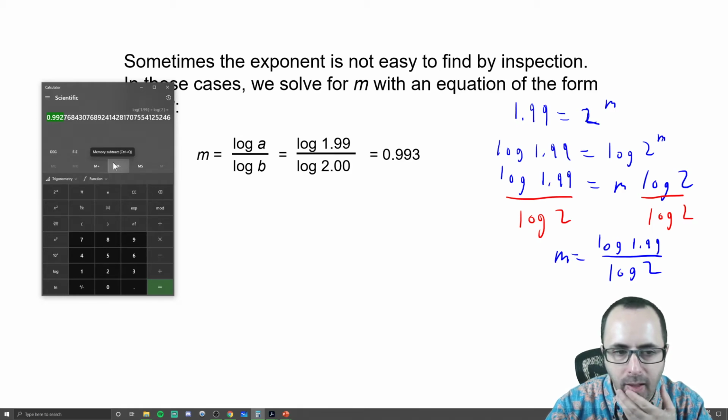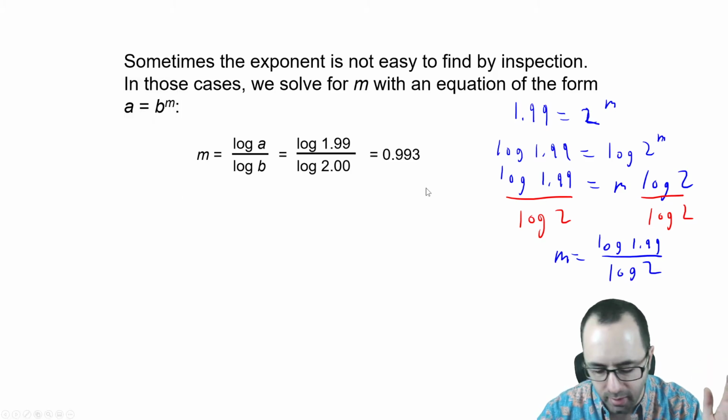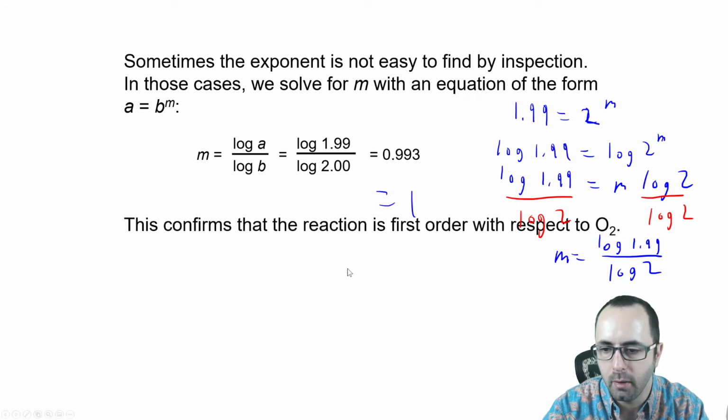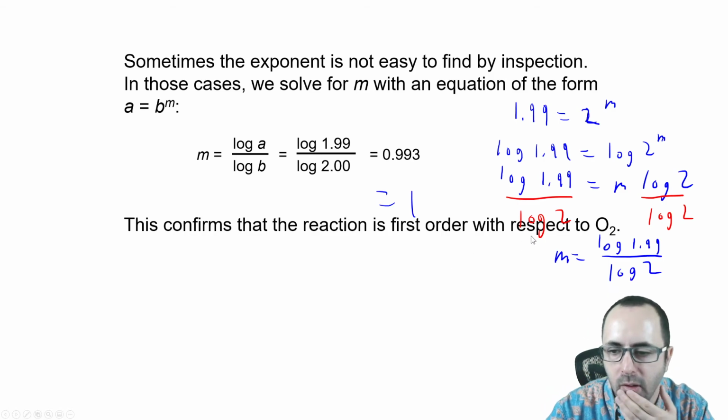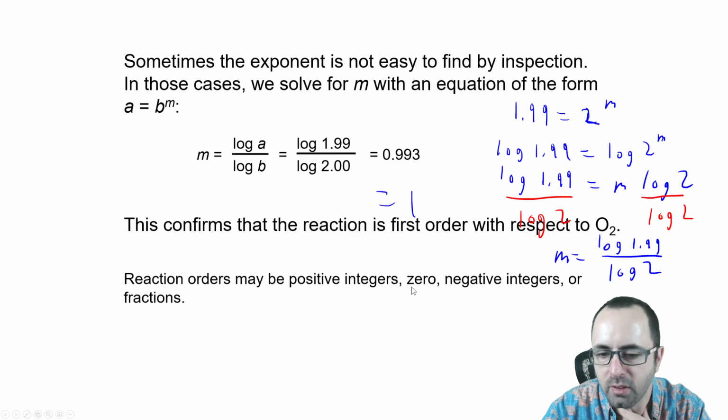Okay. And so when we look at that, we see, okay, this order cannot be 0.993. It must be 1. The actual order must be 1. So this confirms that the order is first order. Reaction orders can be integers.